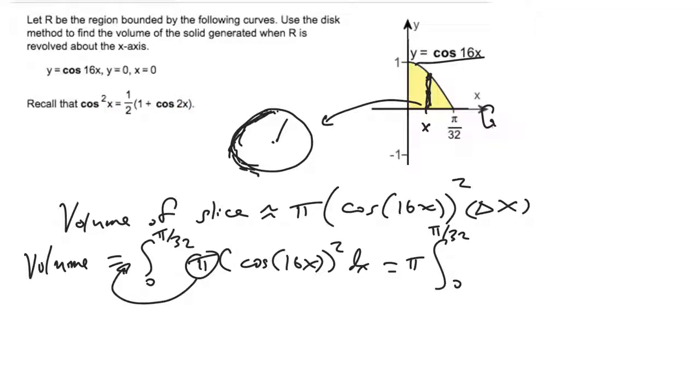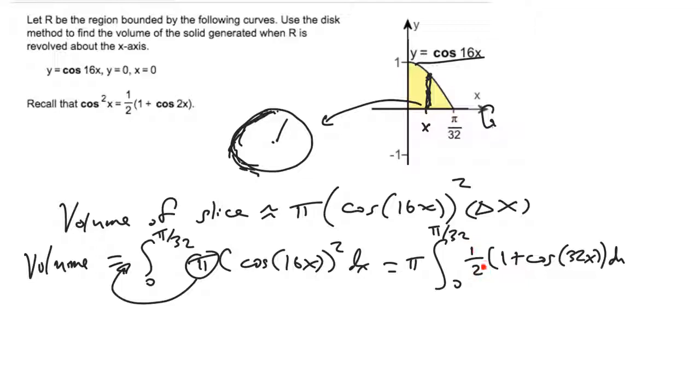Because here the angle is 16x, this is going to be 1/2 times 1 plus cosine of 32x. That is a correct trig identity: cosine of 16x squared is 1/2 times 1 plus cosine 32x.